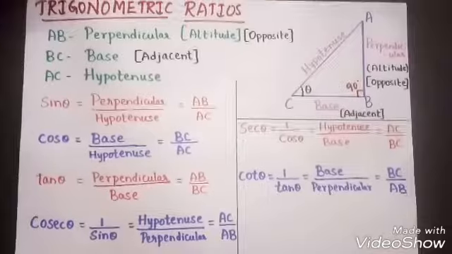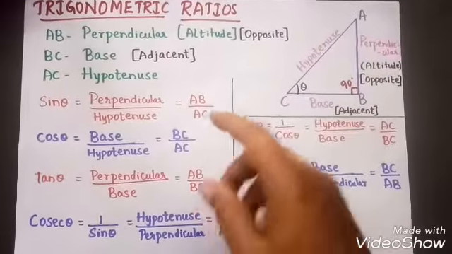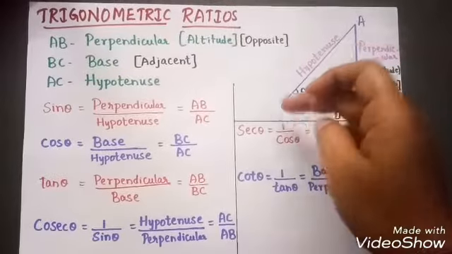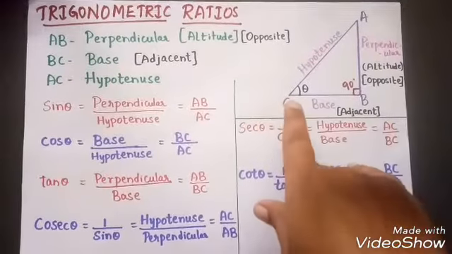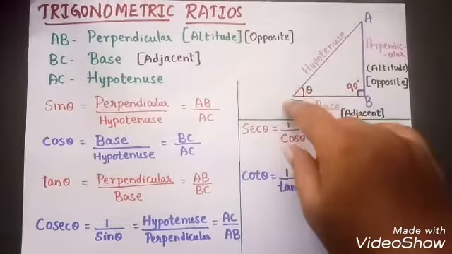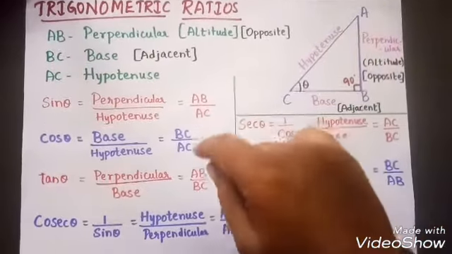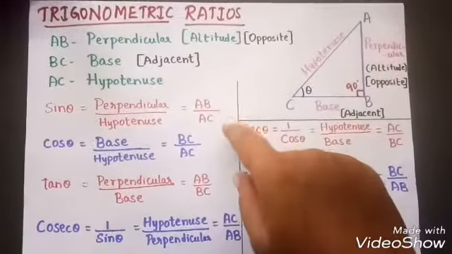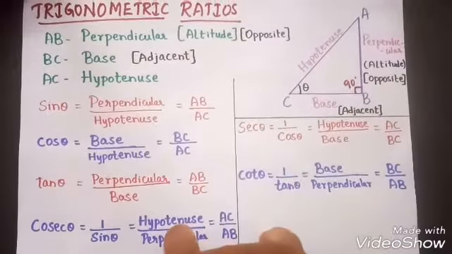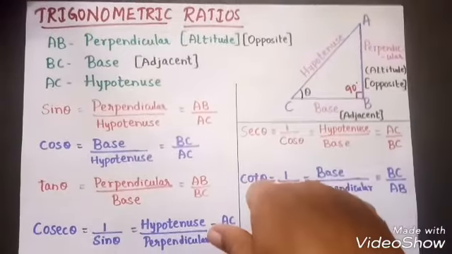Now many times you get confused. Suppose in a question the letters are interchanged, and they do not start from A, B, C. If you just memorize AB by AC as sin theta, BC by AC as cos theta, AB by BC as tan theta, then if the letters are interchanged, you get confused.